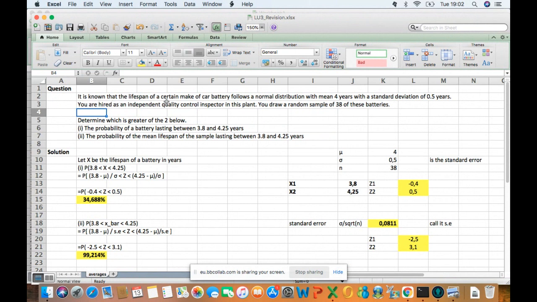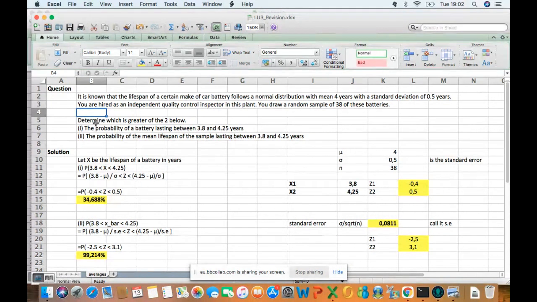It is known that the lifespan of a certain make of car battery follows a normal distribution with mean 4 years and a standard deviation of 0.5 years. And you are hired as an independent quality control inspector in this plant, and you draw a random sample of 38 of these batteries.